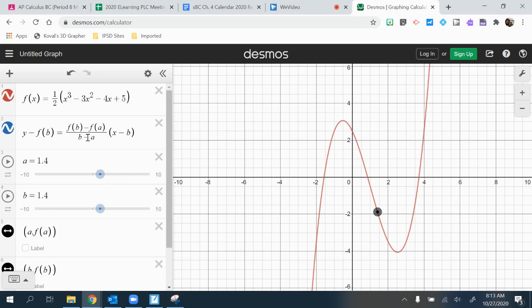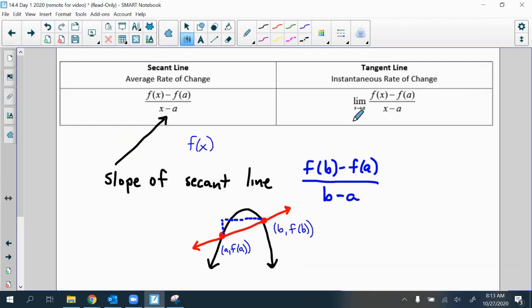What you notice is that I would have a denominator that's equal to 0 and a numerator that's equal to 0, so I have a slope that's an indeterminate form. If I have f of 1.4 minus f of 1.4, that's 0, and 1.4 minus 1.4 is also 0. I can't just use this equation to get a tangent line. I can only use it to get a secant line. So how do I deal with that if I want a tangent line?